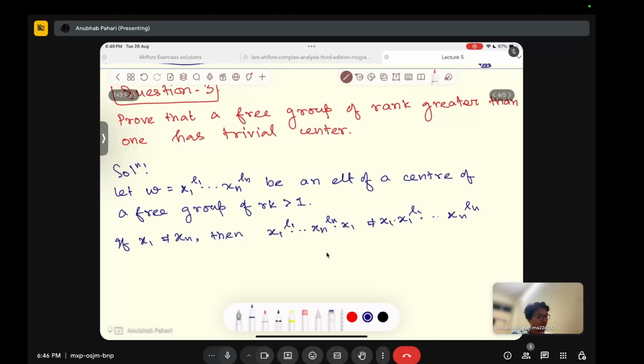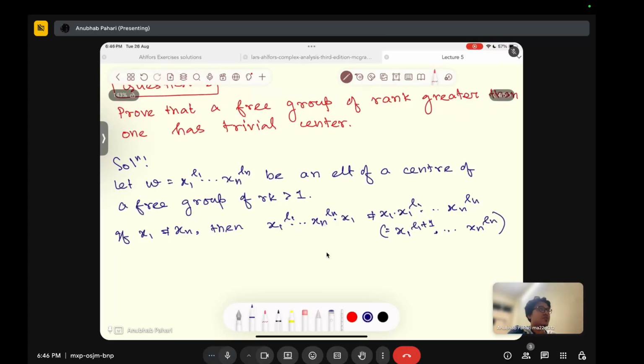Because for free groups, unless it is a free abelian group, the orders hold their stance. If you change the order, the elements will be changed, like in a dihedral group, or in every non-trivial free group. So this equals x1 to the power ln plus 1 dot xn to the power ln.